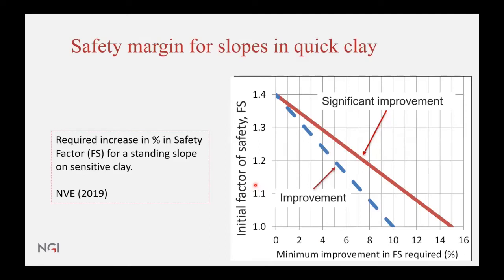Once we have our design parameters, the design factors that we use in Norway are quite simple. The safety margins that we use usually look something like this, where we are looking into increasing the safety of a standing slope.